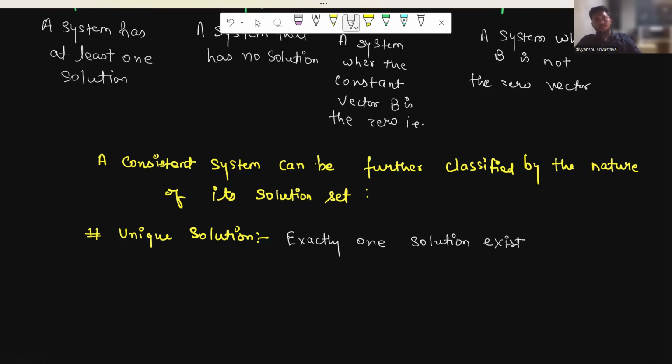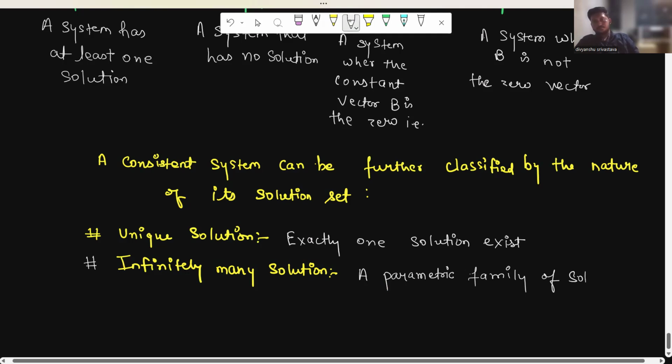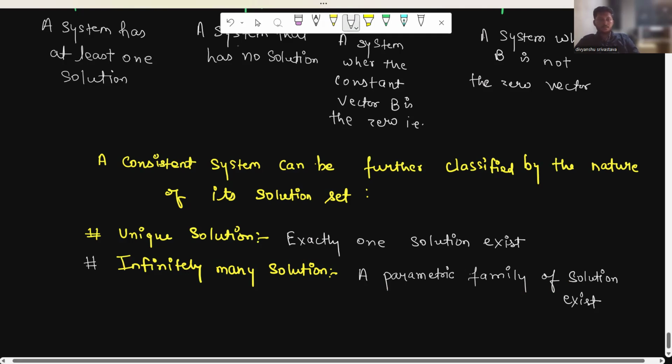And second, infinitely many solutions: a parametric family of solutions exists, which is called infinitely many solutions.